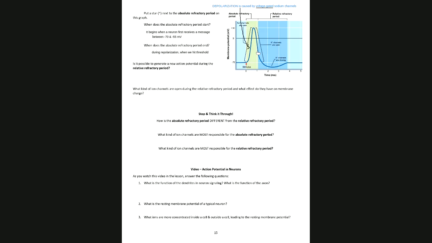So when I'm back to a shape where a voltage-gated sodium channel could open up again, I'm at the right voltage, which is right around threshold, then I potentially do another signal. Remember, that's what relative refractory period means, that I could respond to something, but it needs to be a really strong message.